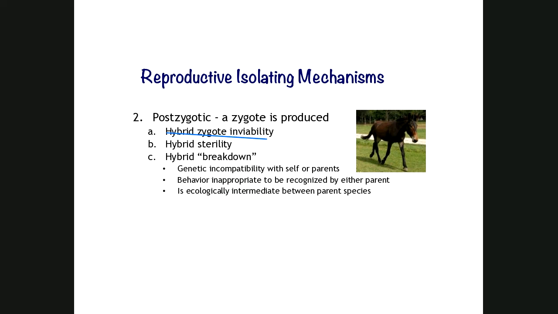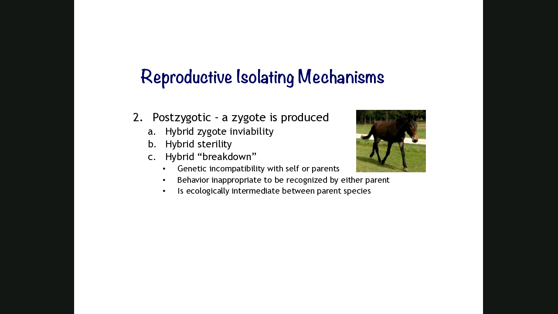That is where if a hybrid is produced, the egg will fail to develop or fail to reach maturity. This is typically in plants, so I'm going to type plants after here. Typically we see letter A in plants.